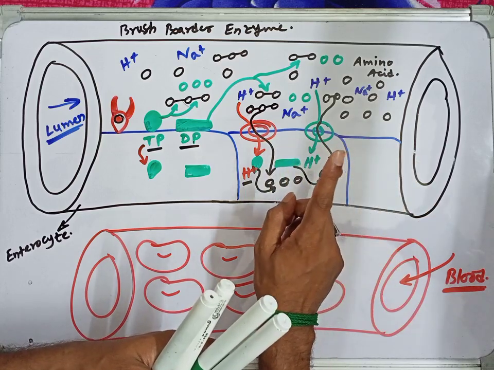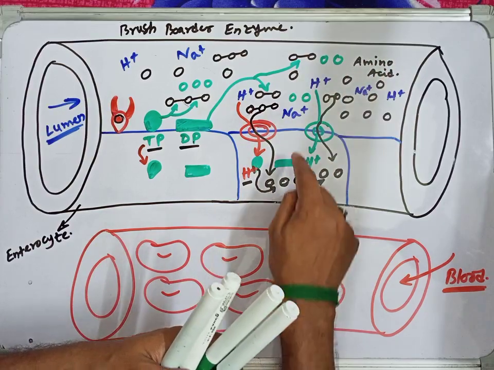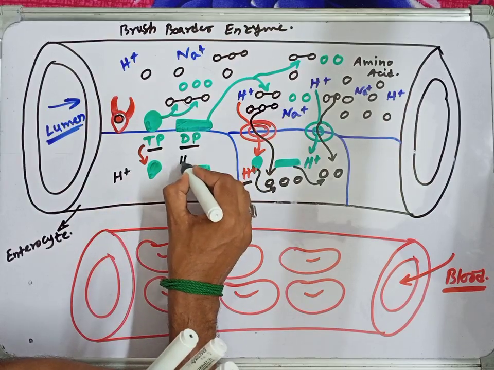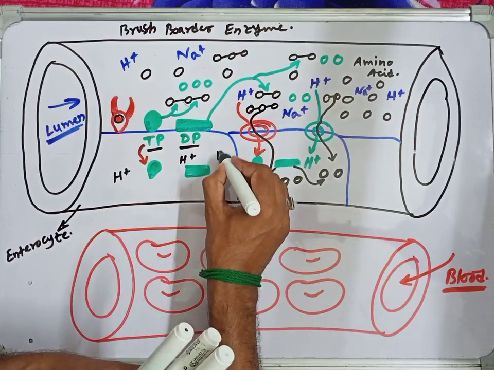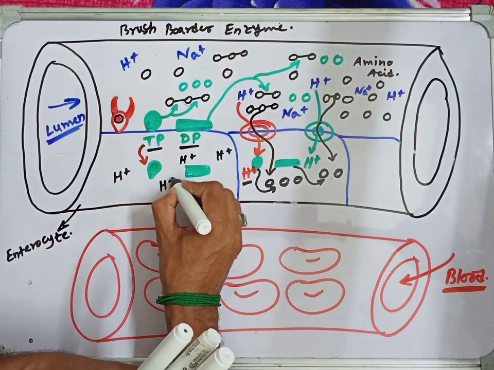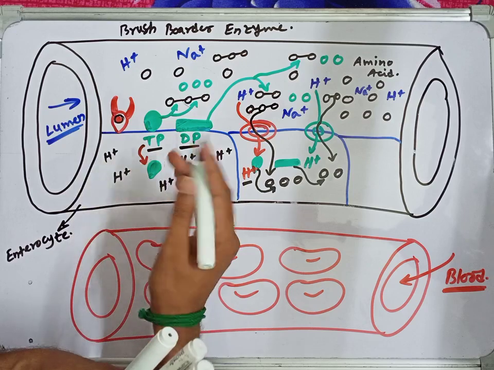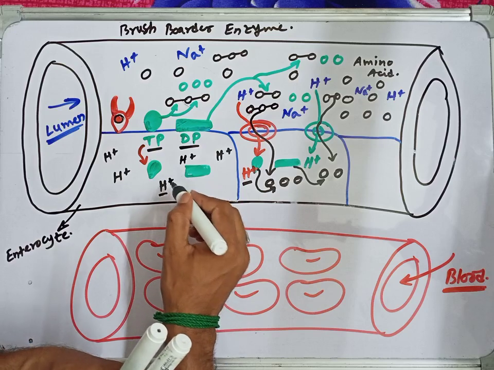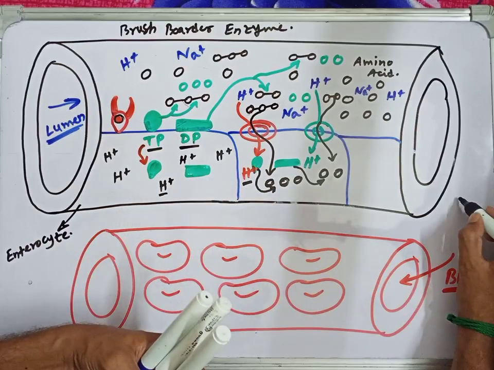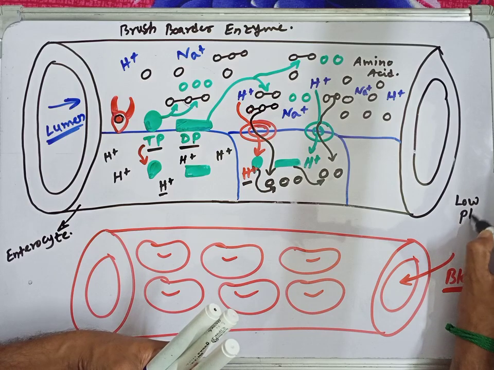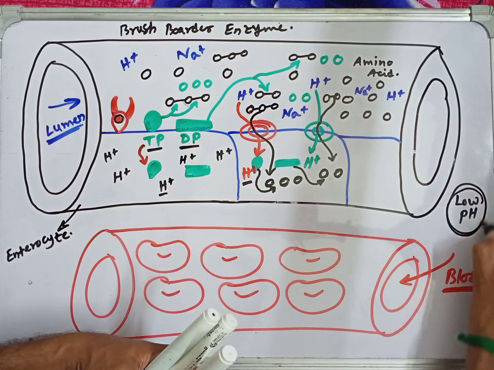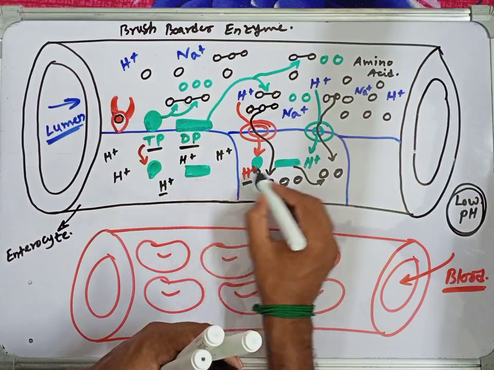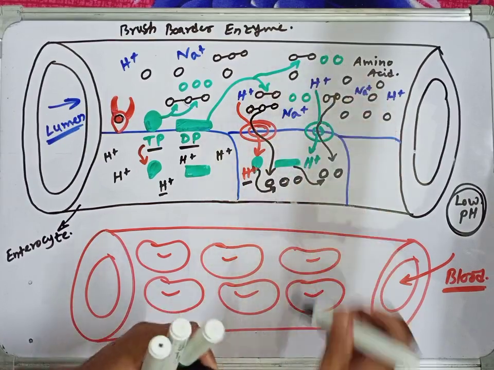One more understanding point for you: when lots of hydrogen come inside the enterocyte cell in such a manner, then the cell's own pH, meaning potential hydrogen, becomes very high, and this high amount of hydrogen leads to low pH, and the low pH leads to an acidic environment in the cell. That means there is a need to transport this hydrogen back into the lumen, right?